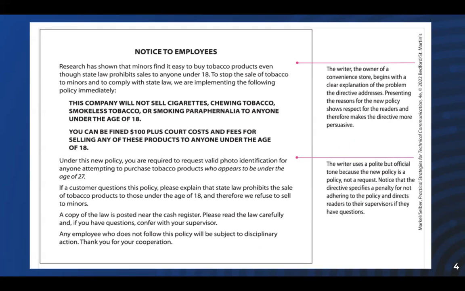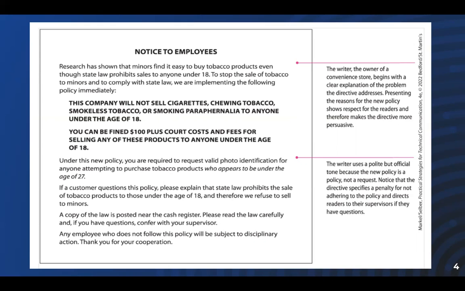The employees are supposed to request a valid photo ID. They have to make sure that the person is over 18 because state law prohibits the sale of tobacco products to people under 18, and if they do happen to be under 18, then the employees should refuse the sale.